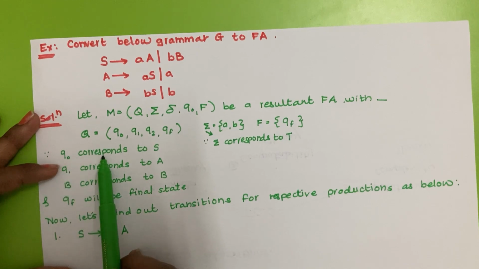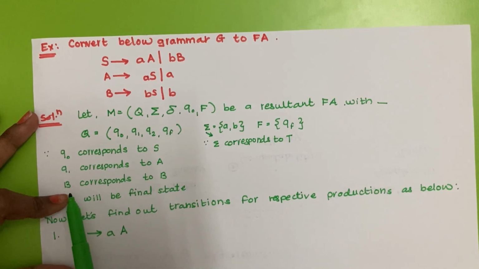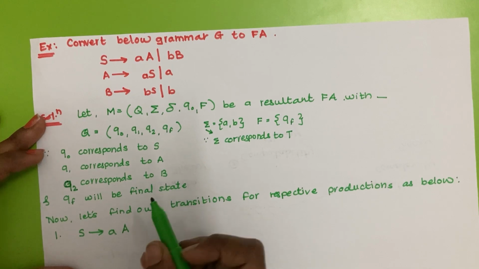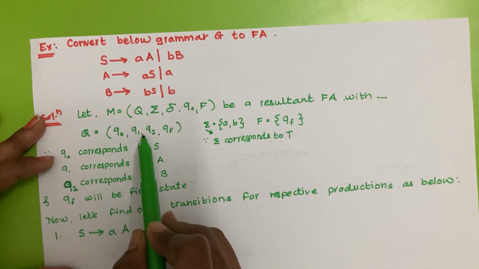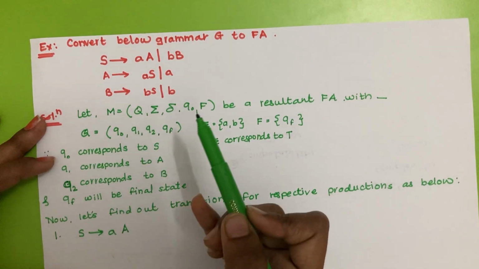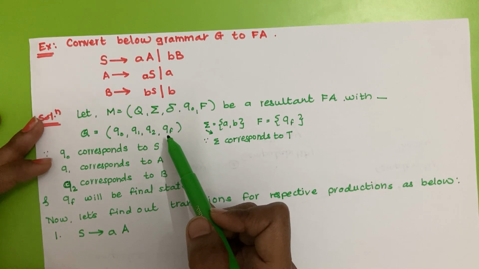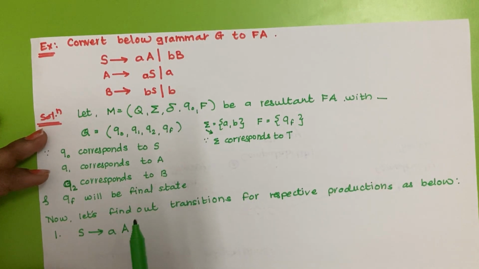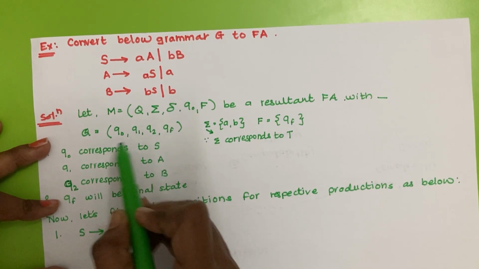Out of that, Q0 corresponds to variable S, Q1 corresponds to variable A, and Q2 corresponds to variable B. For these 3 variables we have 3 states in Q, and we have to add one extra state that will be a final state. We have to take it explicitly. So we have a total of 4 states in the resultant finite automata.